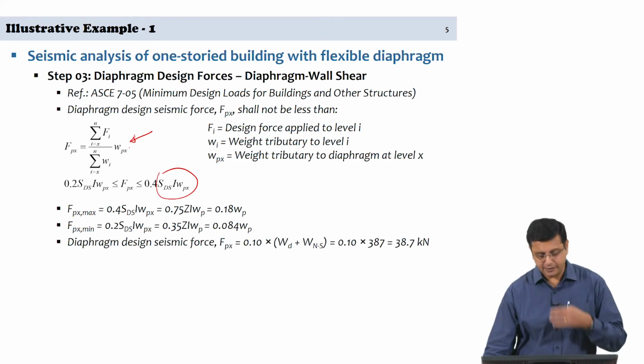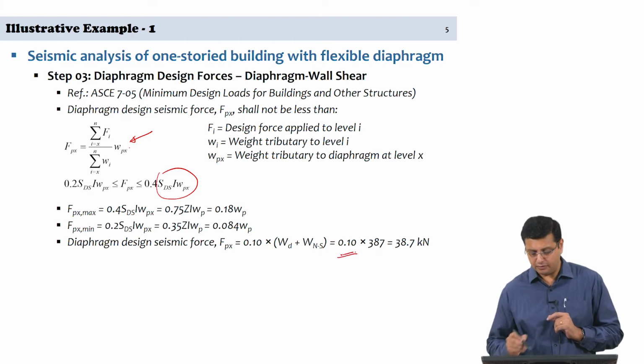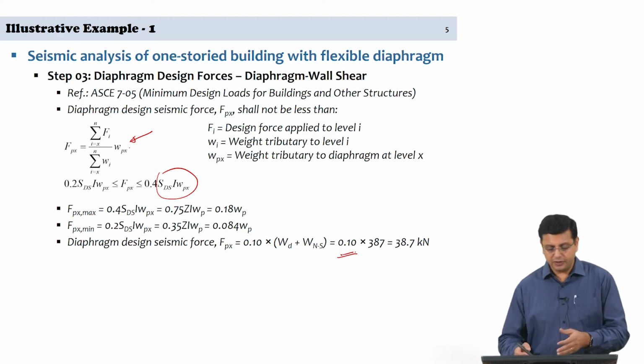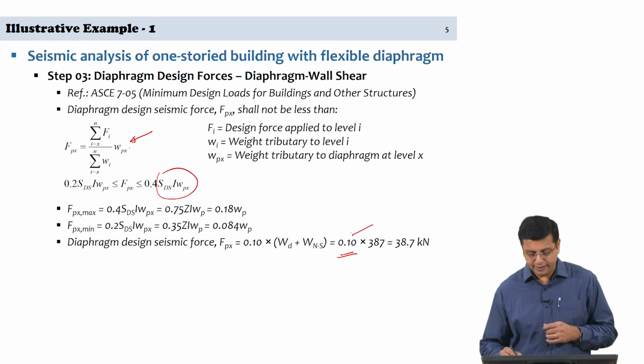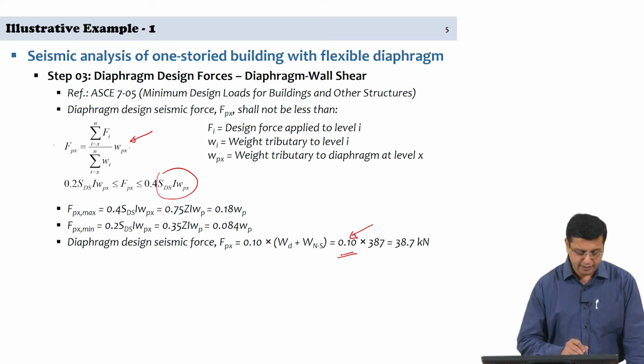In this particular case, the diaphragm design seismic force Fpx works out to be 0.1, and 0.1 into the inertial force 387 would give us about 38.7 kilonewton. This value you see is 0.1 and it lies between the upper bound and lower bound, 0.084 into Wp and 0.18 into Wp, and hence we can take the value that we get directly from the expression.